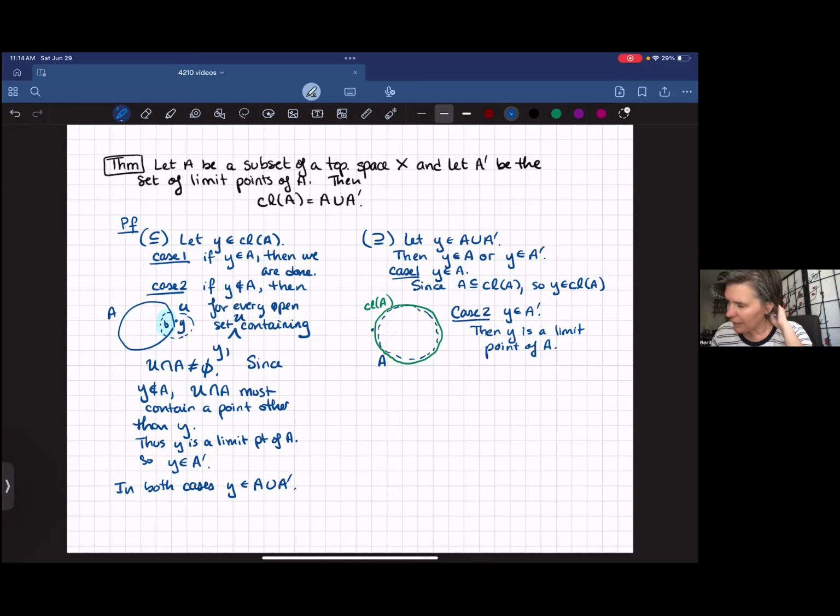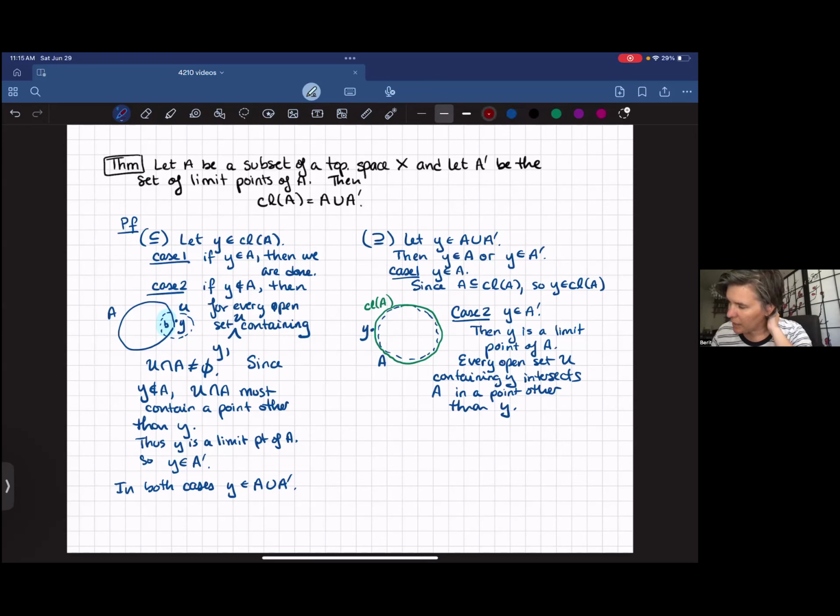So y is kind of like near A, okay? Y is sort of close to A. The definition of limit point says every open set U containing Y intersects A in a point other than Y.